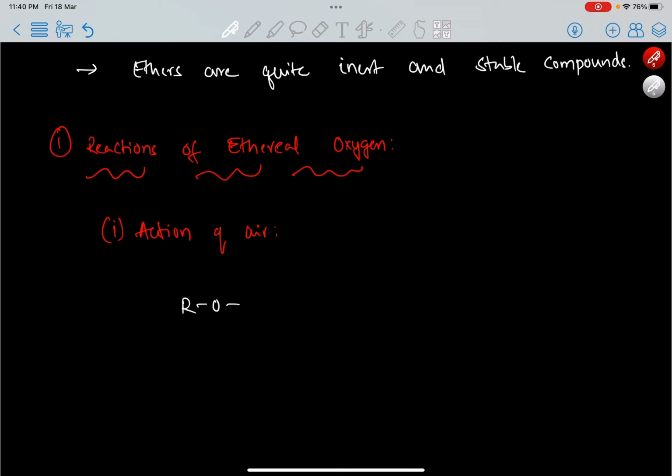So I have ether here. When it is exposed to air, the oxygen which is present in air attacks this ether. So suppose I take CH3CH2 here, or CH2CH3 here, now what happens? As a result of this oxidation it forms peroxide.